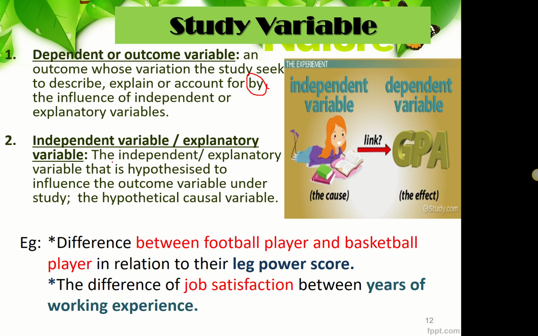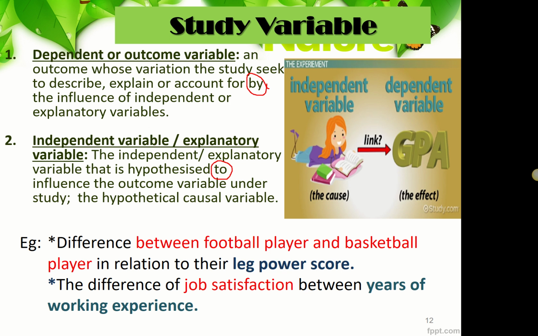But an independent variable means a variable that influences others. So this is the difference between these two: a dependent or outcome variable is influenced by others, and an independent variable is a variable that influences others, right? So that's why you look at this arrow. The arrow will go from IV to DV, right?